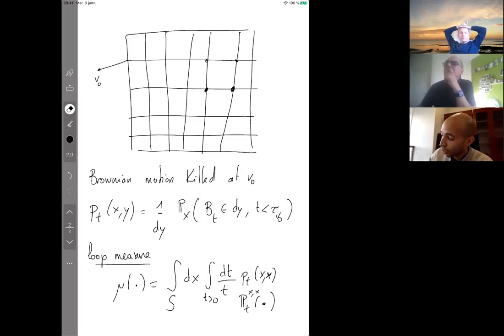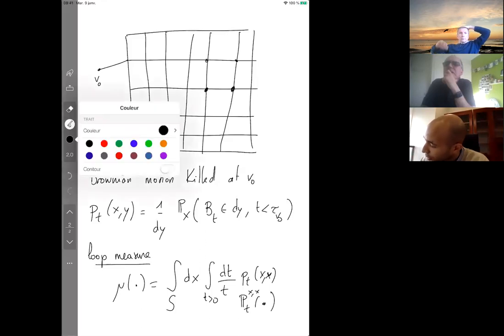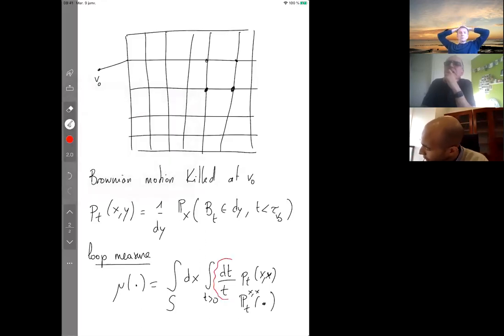So you take a point X with Lebesgue measure on the graph, and then you decide the duration of your bridge using T's density.